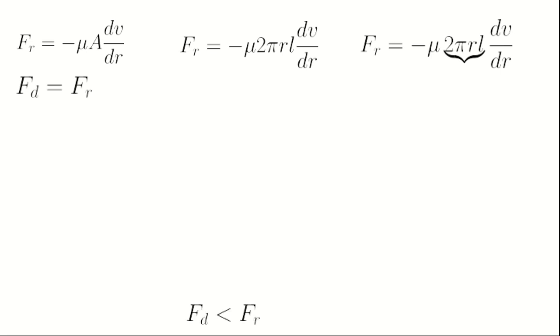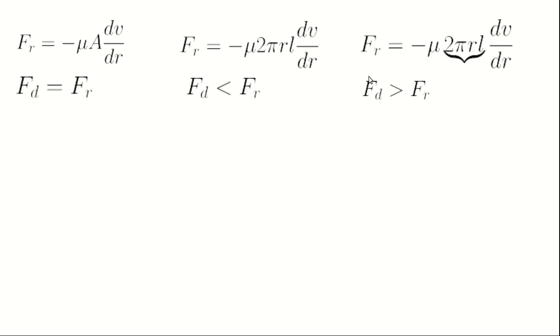Now if we consider the other scenario where F_D is less than F_R, the drive force is less than the retarding force, or the retarding force is greater. In that scenario, it's as if we are turning off the faucet, locking the tap, so that the fluid velocity will be reducing or decelerating.